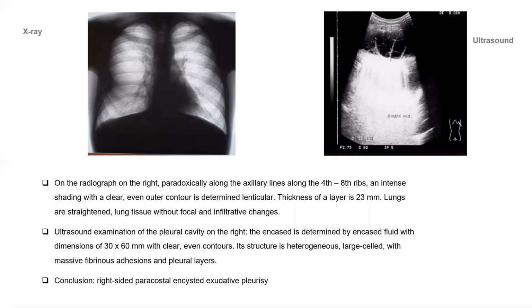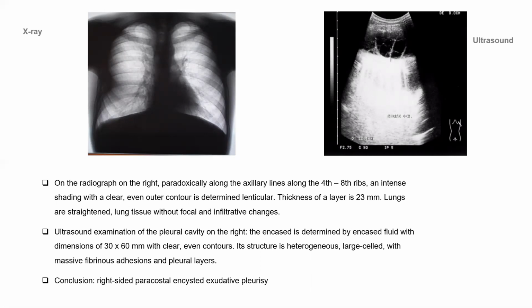Ultrasound examination of the pleural cavity on the right. So this is an ultrasound image obtained from an ultrasound investigation. Encased fluid is determined with dimensions of 30 by 60 millimeters with clear, even contours.